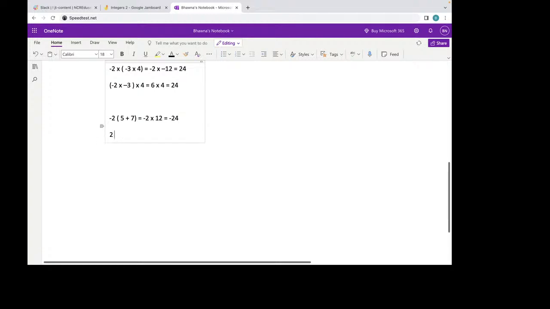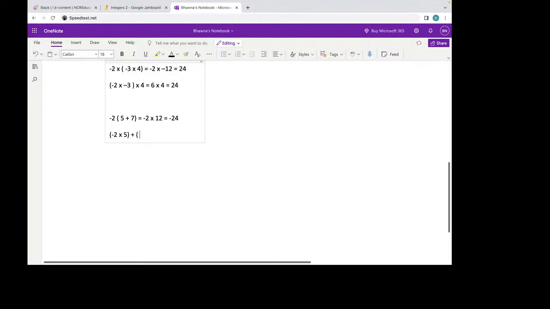Now let's do it this way. Minus 2 multiply 5. First we will multiply minus 2 by 5, then put a plus sign in between.